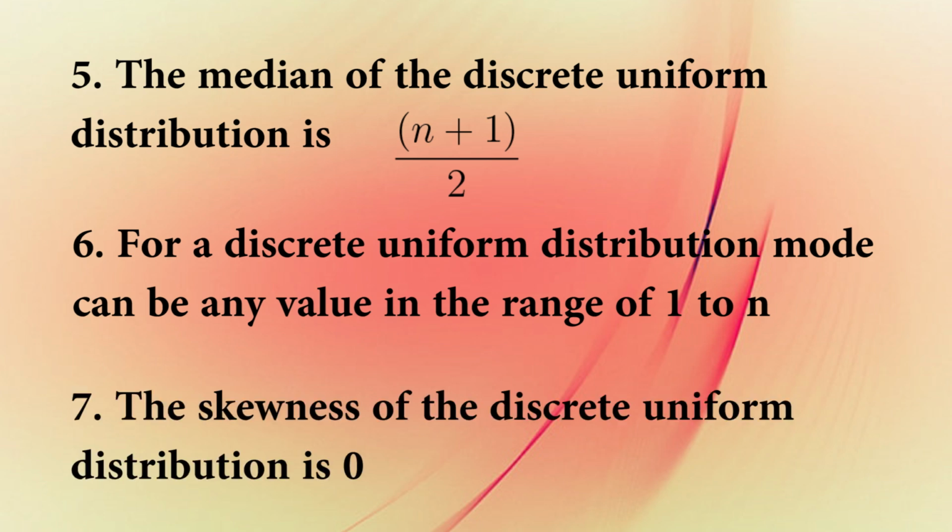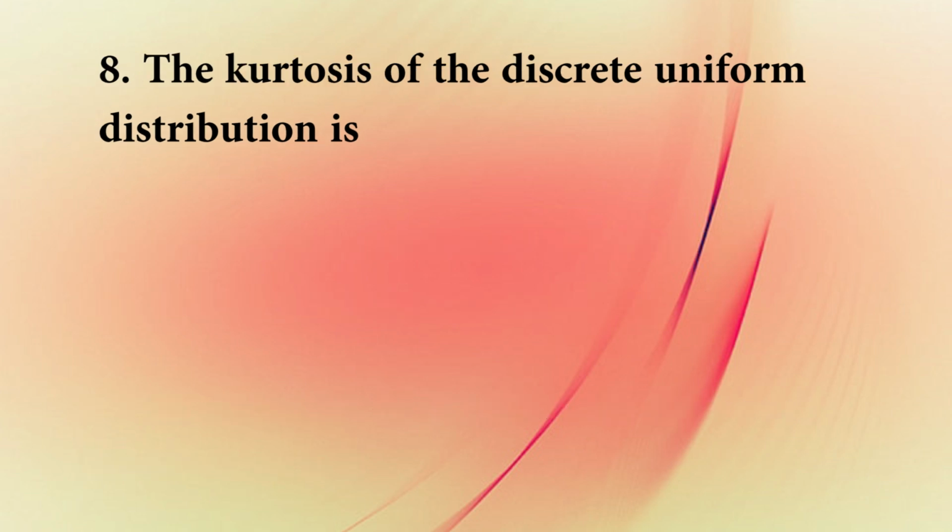The skewness of a discrete uniform distribution is 0. The kurtosis of the discrete uniform distribution is minus 6 into (n square plus 1) divided by 5 into (n square minus 1).